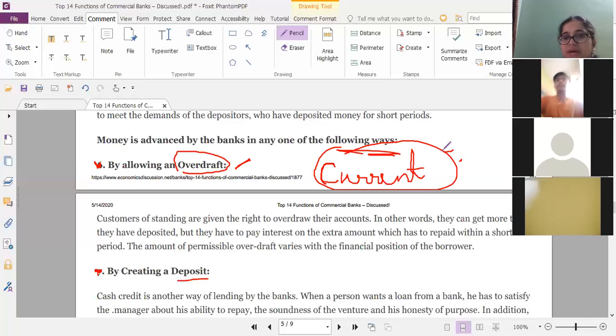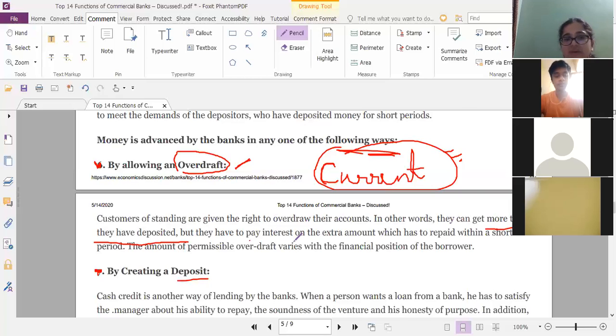If a businessman is not having any money in his or her current account, even then the bank can lend to them. Customers of standing are given the right to overdraw their accounts. In other words, they can get more than what they have deposited, but they have to pay interest.